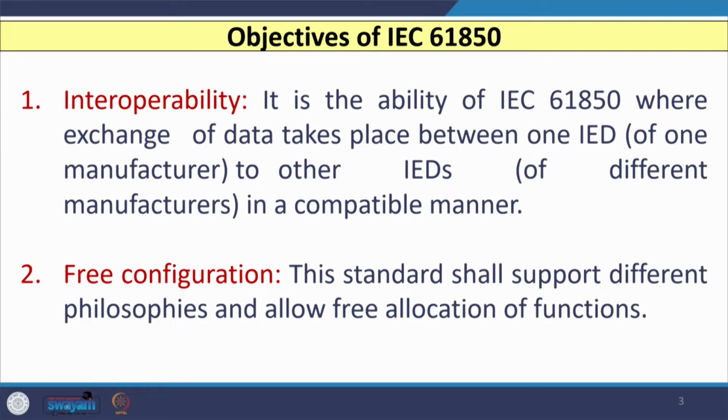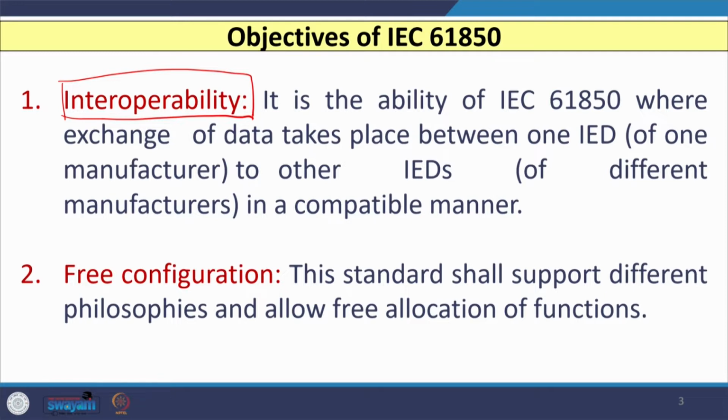The first objective of IEC 61850 is interoperability. Interoperability is the ability to exchange data between one IED of one manufacturer and several other IEDs of different manufacturers in a compatible manner.